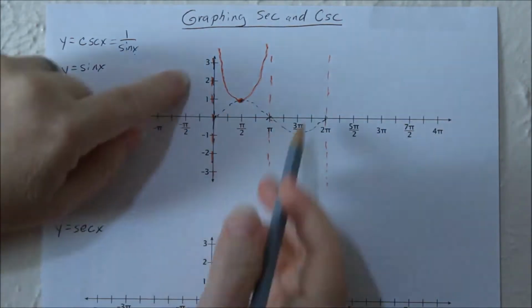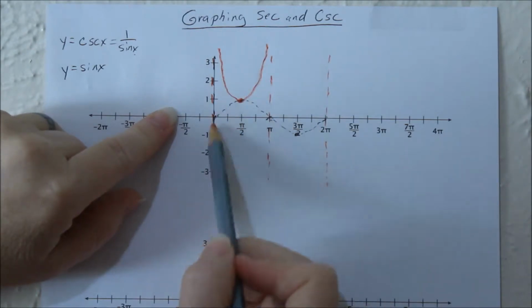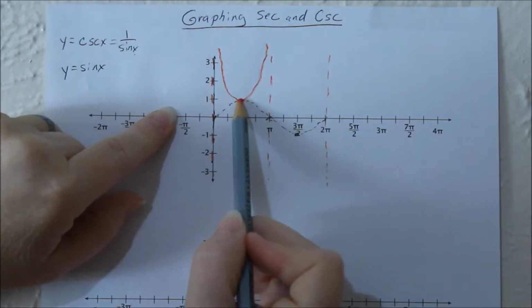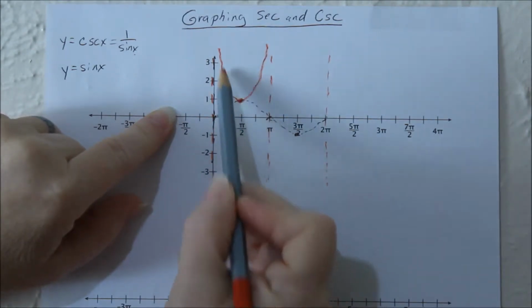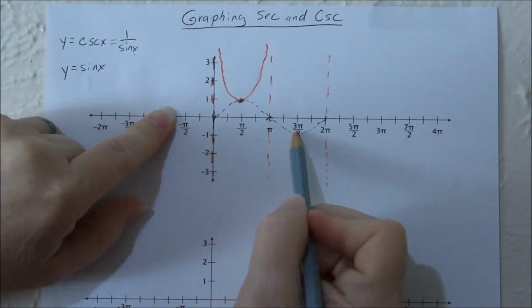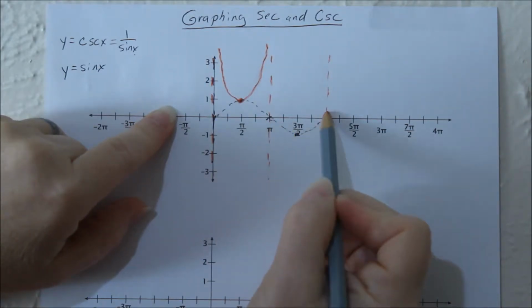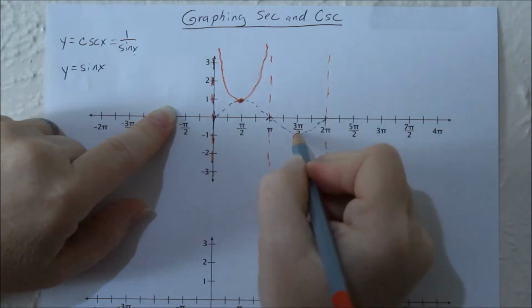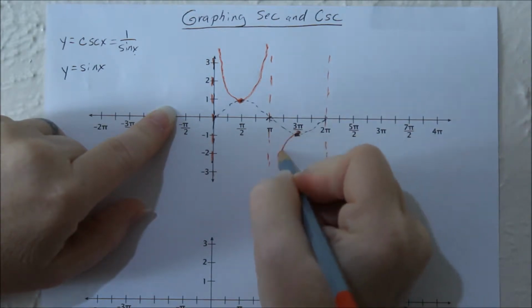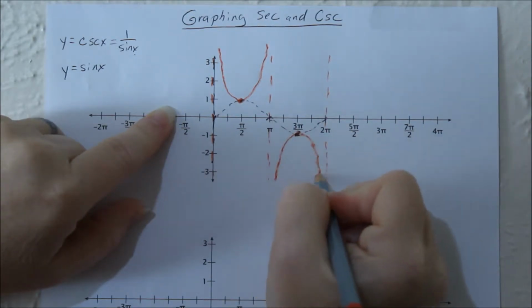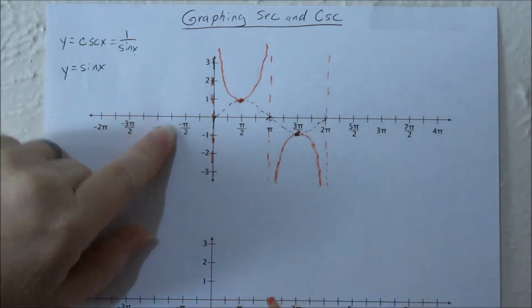This curve is the opposite of this. This is the high point of sine and it becomes a low point of cosecant. Same here, this looks like a valley for sine, but for cosecant it will be the opposite. This point will still exist right there for cosecant, and then it's a mountain.